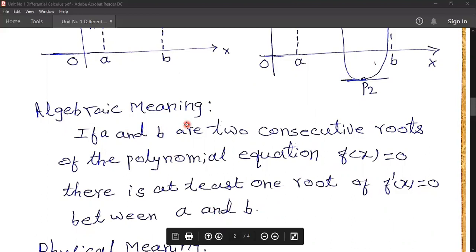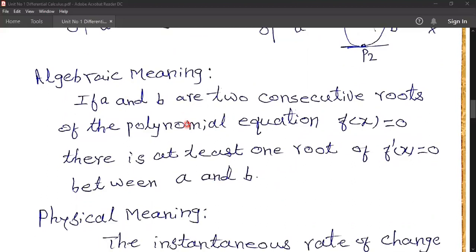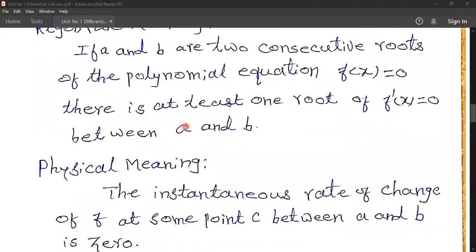Firstly we have seen the geometrical implication, then this is the algebraic interpretation. Then the third one, the physical interpretation, where exactly you are applying this Rolle's theorem.